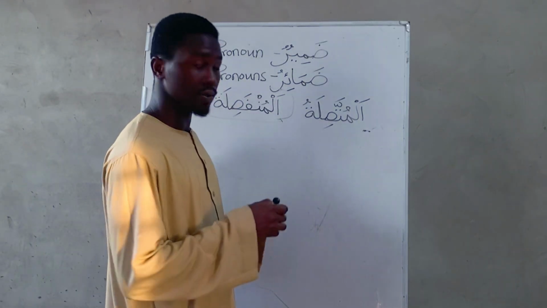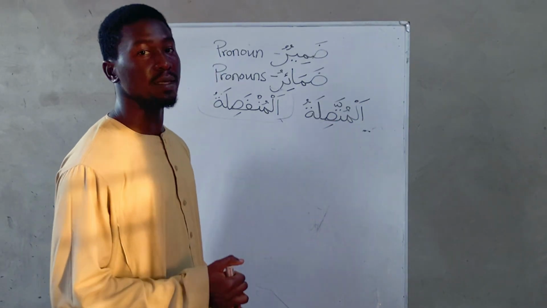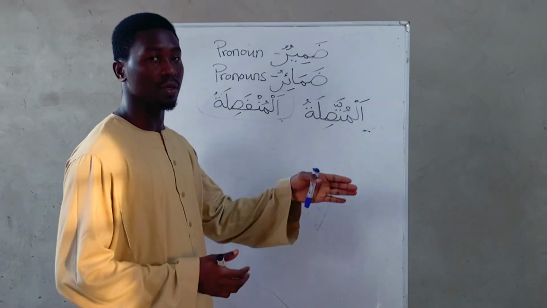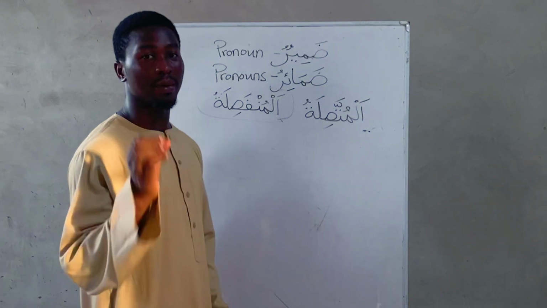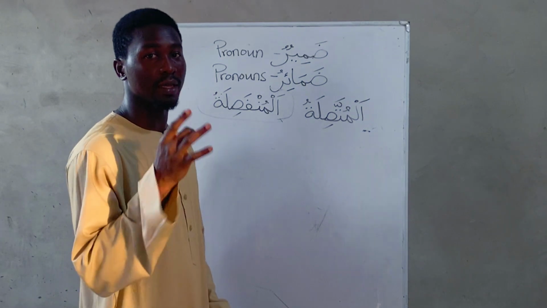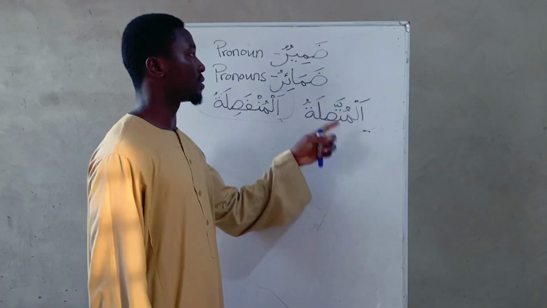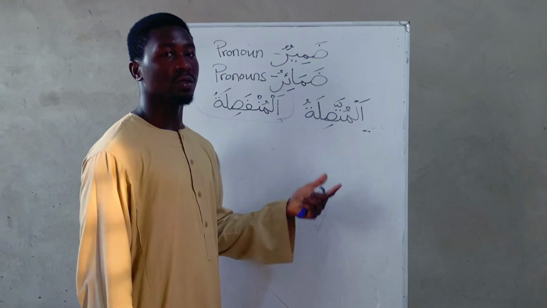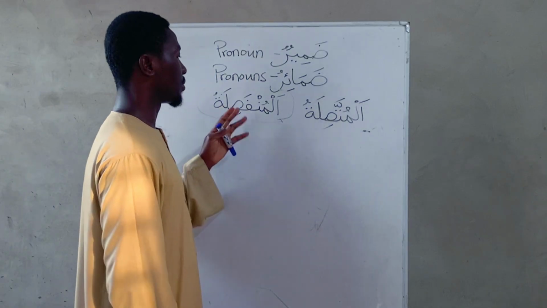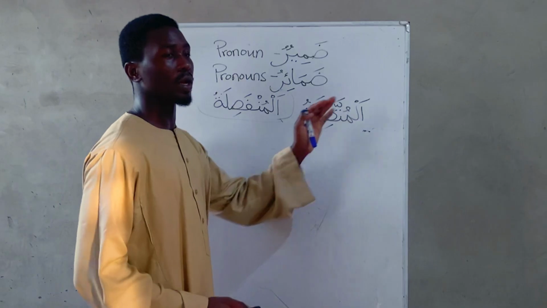Al-muttasila here means the pronouns which are basically joined to another word. You remember we learned the parts of speech: ismun, fi'lun, harfun. If you find any pronoun, you might either find it standing alone or joined to another word.